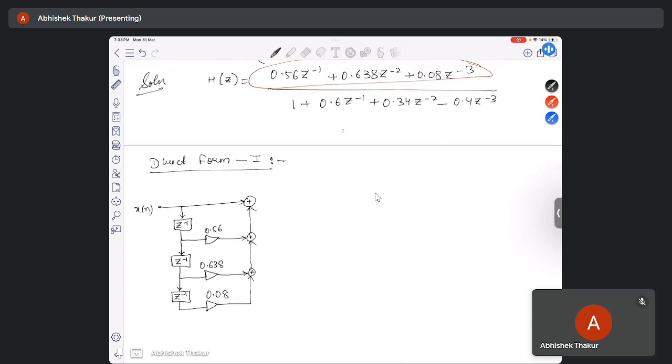Now we have to realize the pole part as we have studied the structure of direct form 1. So here we will have y of n. Now the first delay unit has a multiplier of minus 0.6. The second delay unit has a multiplier of 0.34.